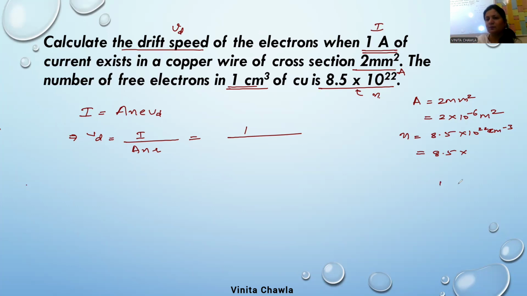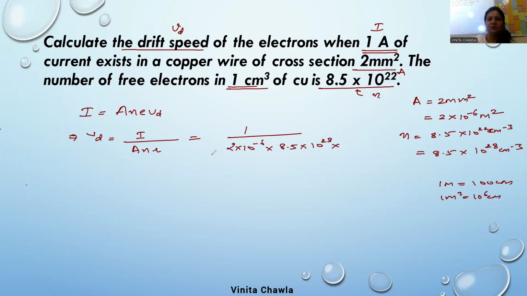So 1 meter cube is 10 power 6 centimeter cube. So this comes to 10 power 28 per meter cube. Now solve this. A is 2 millimeter squared. It's 2 into 10 power minus 6. Number density is 8.5 into 10 raised to the power 28.